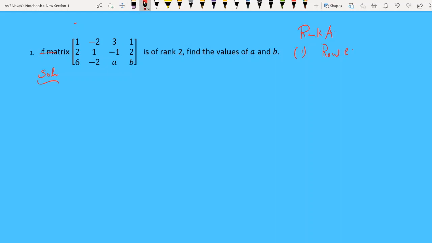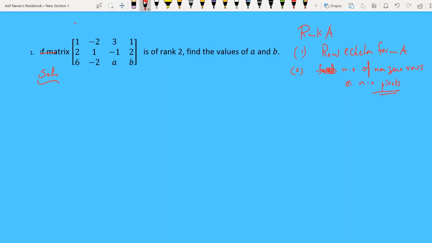The first step is we have to find the row echelon form of A, and second, find the number of non-zero rows. Rank is the number of non-zero rows or number of pivots.